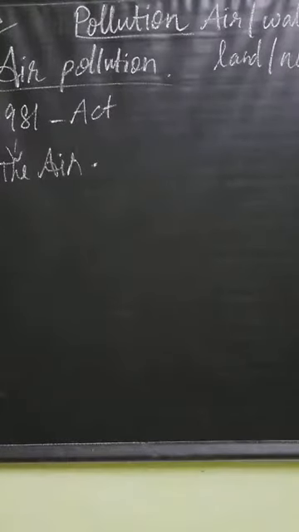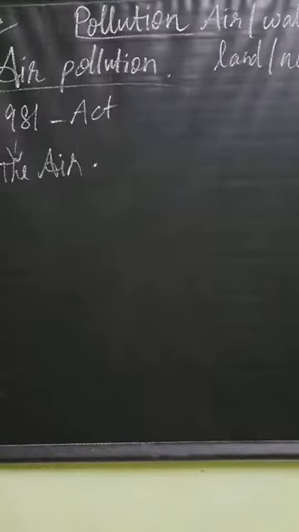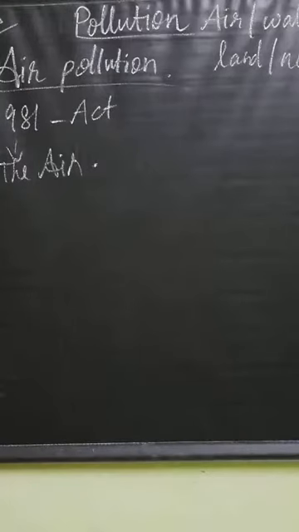It says that air pollution is the presence of any solid, liquid or gas substances mixed in the atmosphere, which tend to be injurious to human beings and all other living creatures and also the environment. So, the harmful thing which is mixed in the atmosphere.